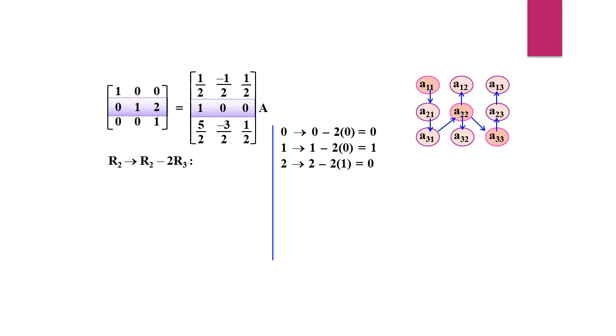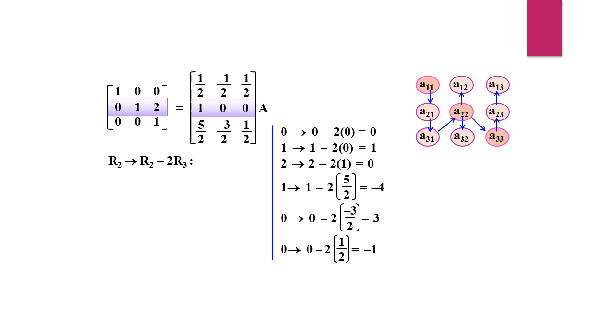So R2 minus 2 R3, the first element of R2 is 0, minus 2 times the first element of R3, which is 0, we get 0. Next, second element of R2 is 1, minus 2 into second element of R3, we get 1. Next, third element of R2, 2, minus 2 into third element of R3, that is 1, we get the answer as 0.